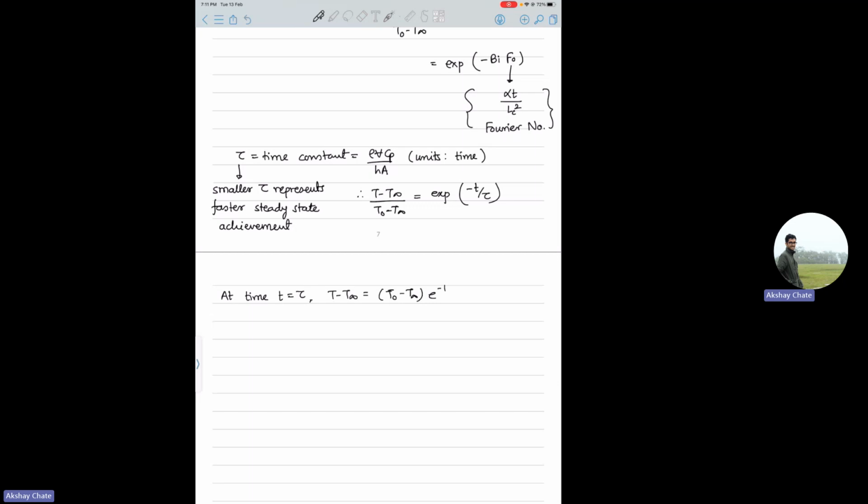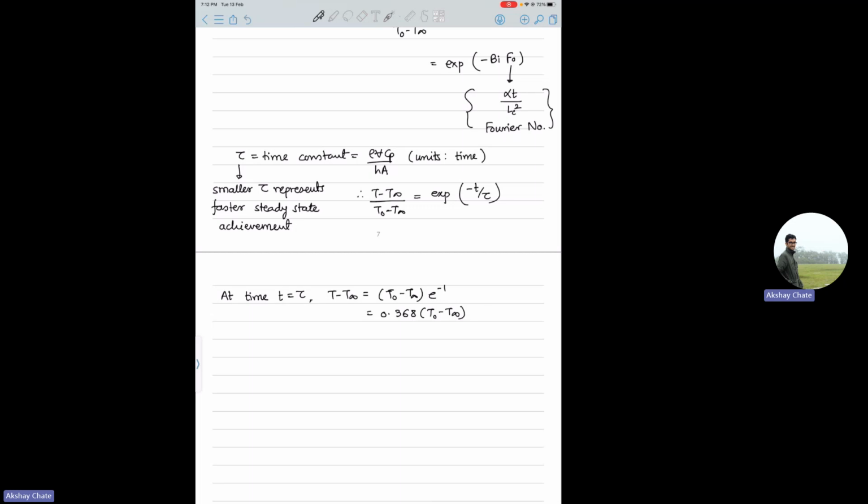So e is 2.718, so 1 divided by e, you get 0.368. So when the time has reached one time constant unit, that means the temperature difference between the body temperature and surrounding is 36% of the initial delta T, maximum delta T. So that is the definition of time constant.